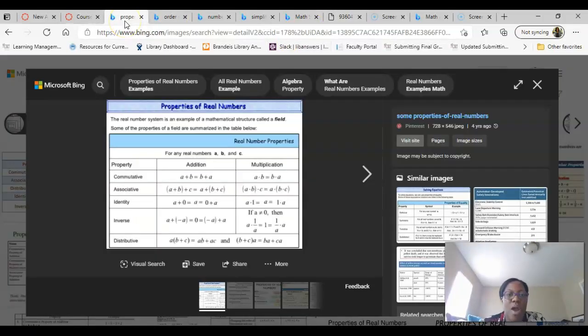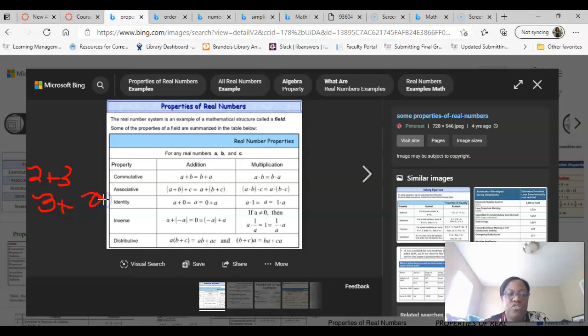All right, properties of real numbers. Keep in mind that with properties of real numbers, you will be able to look at each property in terms of addition and multiplication. For example, if you have the commutative property and say you have 2 plus 3, this is the same thing as saying 3 plus 2.